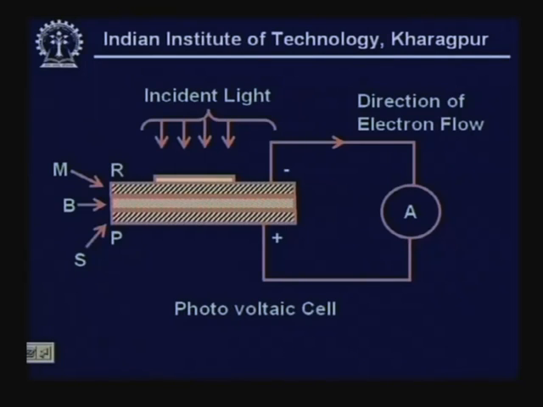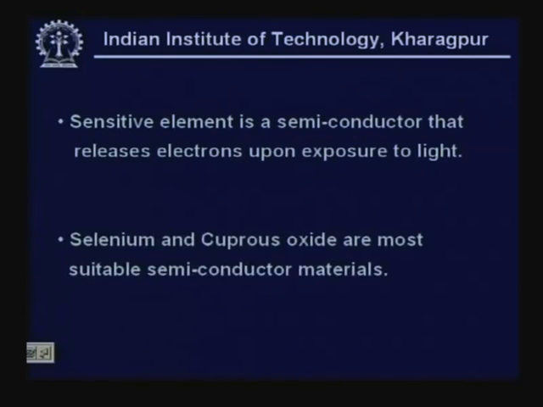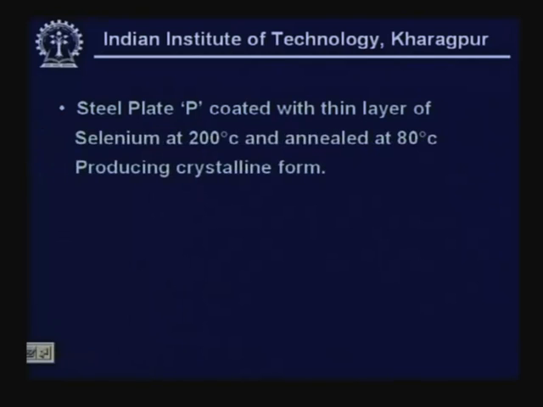We have a small steel plate. If you want to collect this current which is generated, you need to have electrodes. That is why on a small steel plate, you place a thin layer of selenium, let us say selenium and cuprous oxide both are possible, we are using selenium.